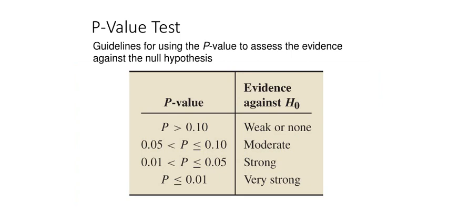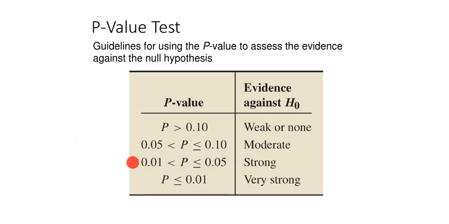Just a couple quick notes about the p-value. The probability value can be used to judge the strength of the test. And if the p-value is, let's say, greater than 0.1, well, there's really weak or no evidence enough to reject that null hypothesis. And really, depending on the level of the test, our alpha level, right, if we say it's 0.05, then, well, we might have some moderate evidence, but not enough to reject it.